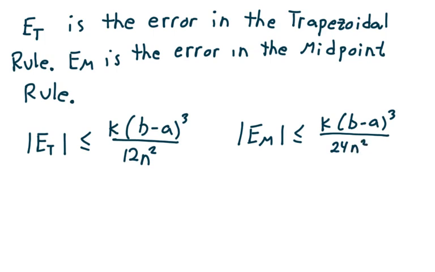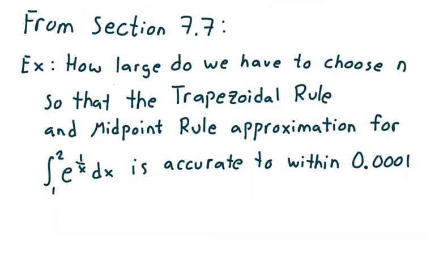Now, let's go back. We want this integral accurate to within 0.0001, and we want to find the n that makes that happen.